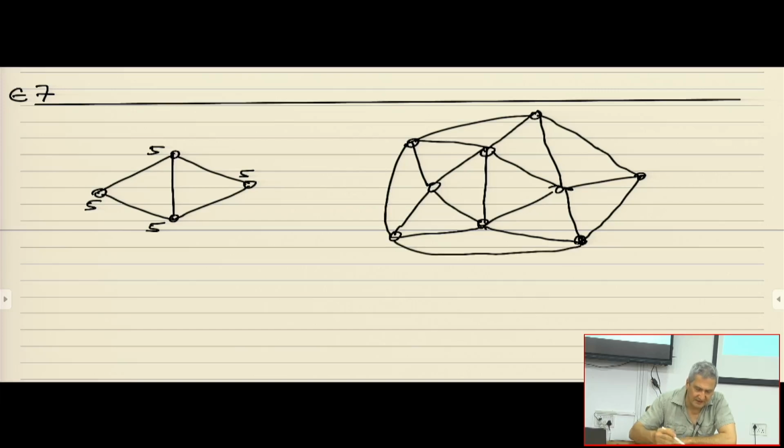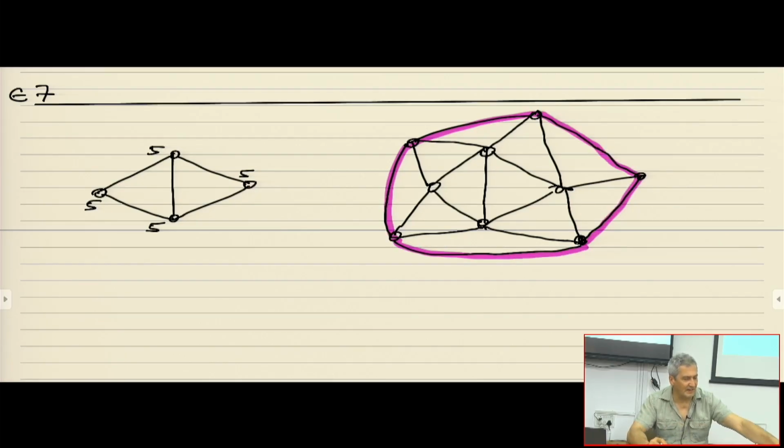So this is the ring. I will use the same notation as in the text: 1, 2, 3.